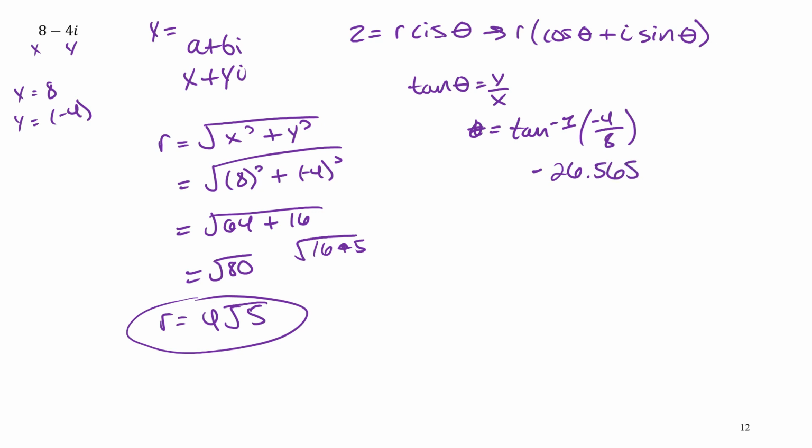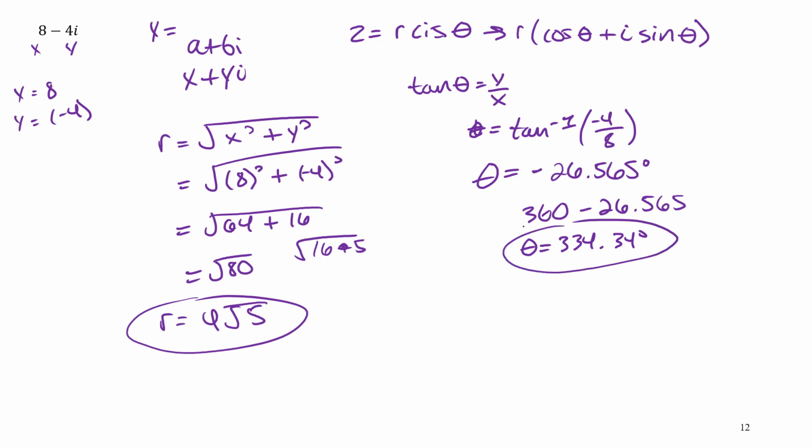And so this is one of the cases where you will add 360 degrees to it to get it in the range of 0 to 360 degrees. So if we go 360 degrees minus 26.565, we would get theta is equal to 333.435 degrees.